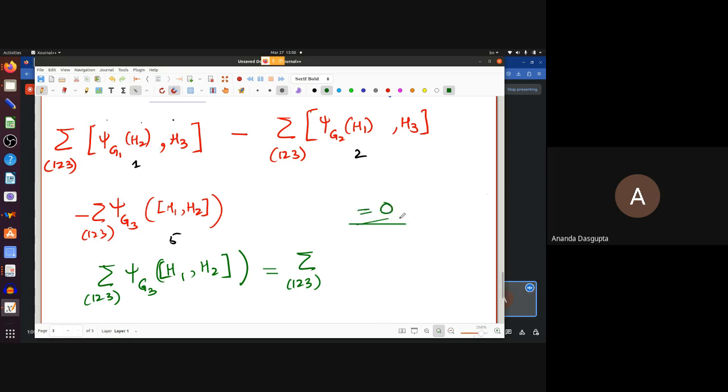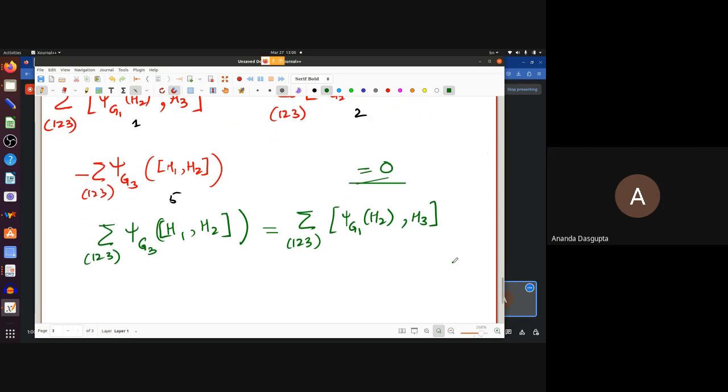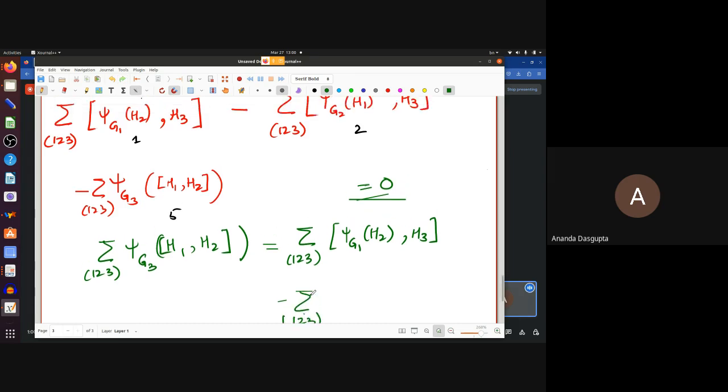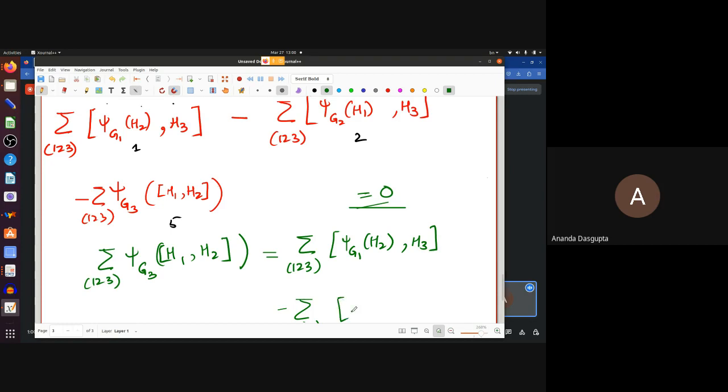This is our aim, if you have to go with the Jacobi identity. So this is the 1, 2, 3 cyclic sum of the bracket of psi G1 H2 with H3, plus, sorry, minus the 1, 2, 3 cyclic sum. So this is just the Jacobi identity that I'm writing down. Bracket of psi G2 H1 with H3.